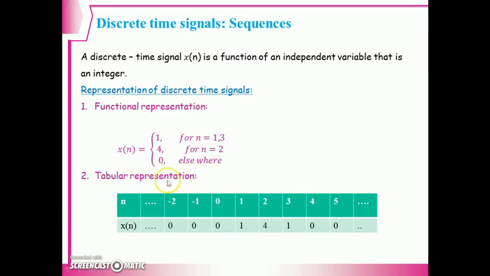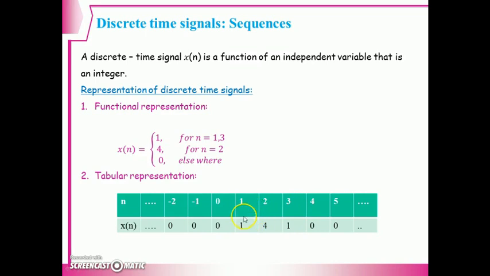Another representation is tabular representation. We form a table with values of n along the first row and values of the signal in the second row. So here x of n is 1 for n equal to 1 and 3. I have written for n equal to 1 and 3, the values are 1.